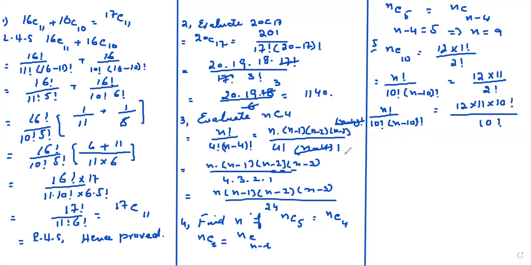We can write 12 factorial over 10 factorial and 2 factorial, where 2 is 12 minus 10 factorial.